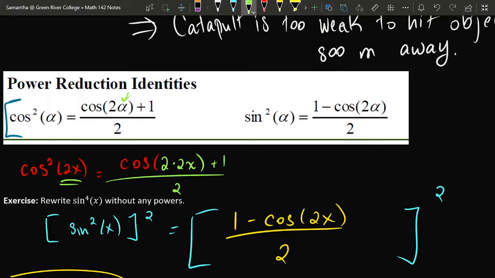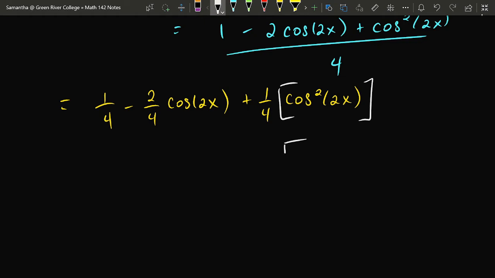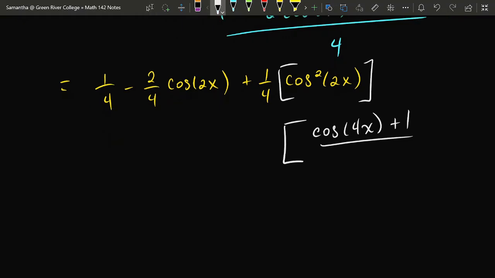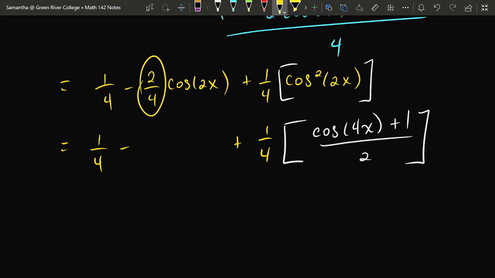So in total, cosine of 4x. Now cosine squared is equal to cosine of 4x plus 1 all over 2. That was in the expression with a 1/4. This 1/4 in the front, and I'll reduce this fraction to 1/2. This is equal to sine to the 4th power of x.